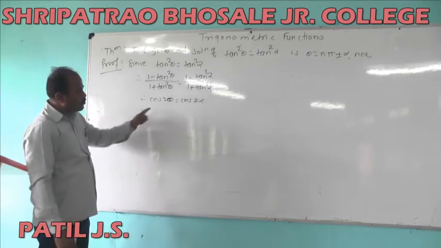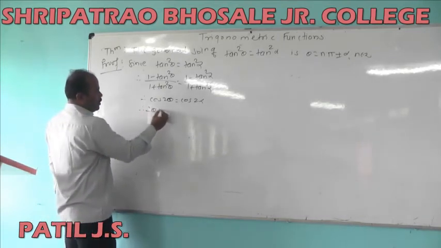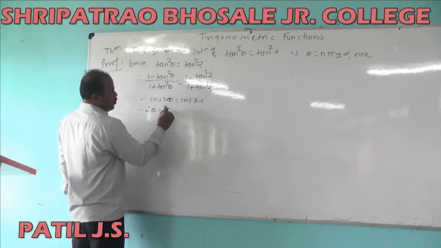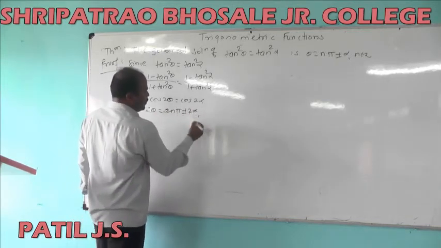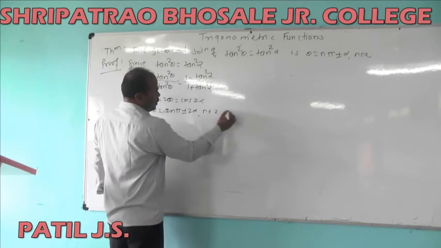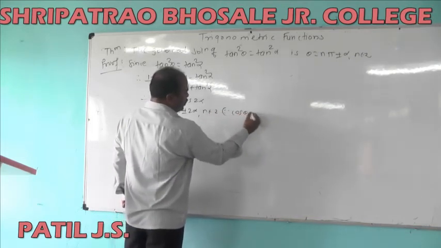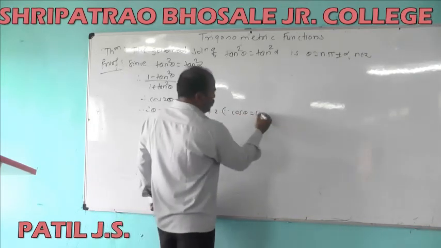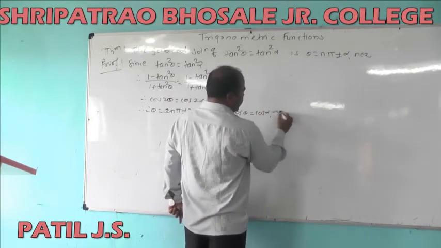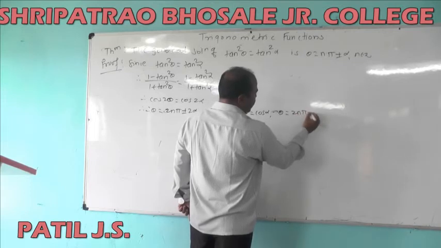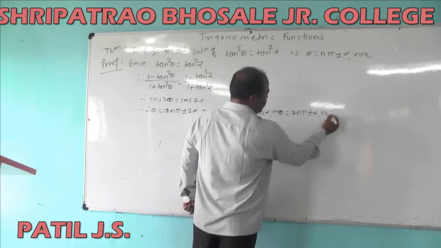Therefore 2 theta is equal to 2n pi plus or minus 2 alpha, n belongs to Z. Since using cos theta is equal to cos alpha, theta is equal to 2n pi plus or minus alpha.